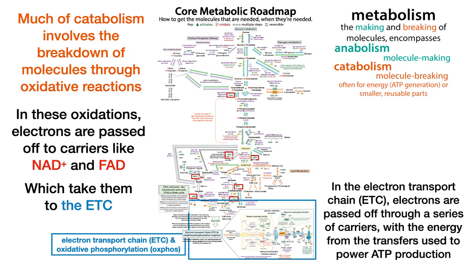To review, we can break down all sorts of different fuel sources through oxidative reactions in which we pass the electrons from the fuel sources onto electron carriers, our NAD and our FAD, and we can transfer the electrons from those through a series of electron carriers in the electron transport chain.